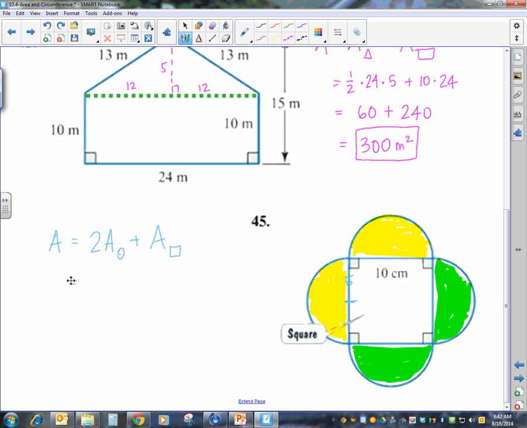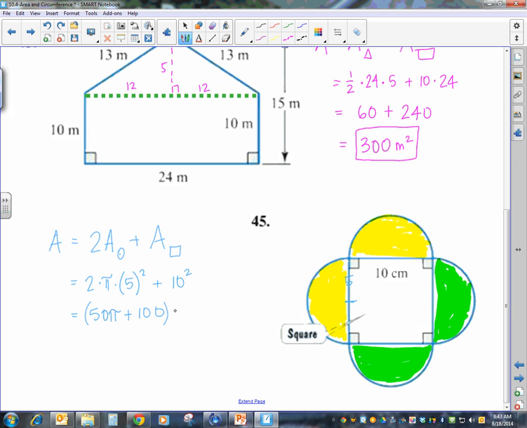So, 2 times the area of a circle is pi times your radius, 5 squared, pi r squared, plus area of a square is 10 squared. So 2 times 25 is 50 pi plus 100. And they asked us to give them that answer, so we'll give them that.